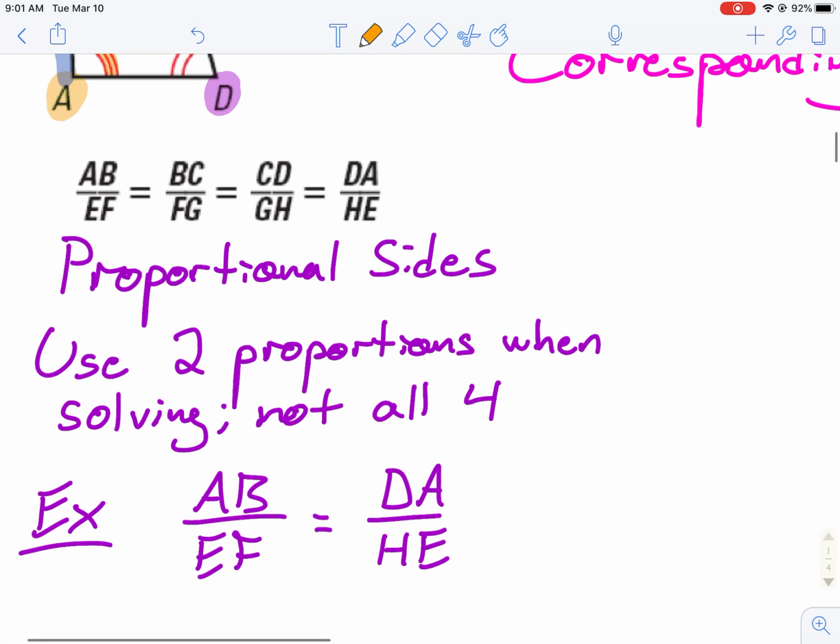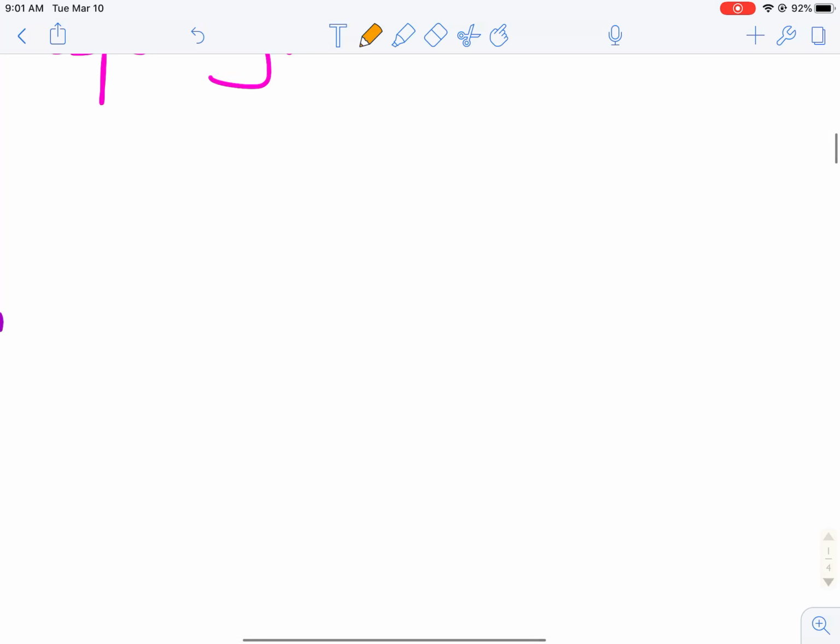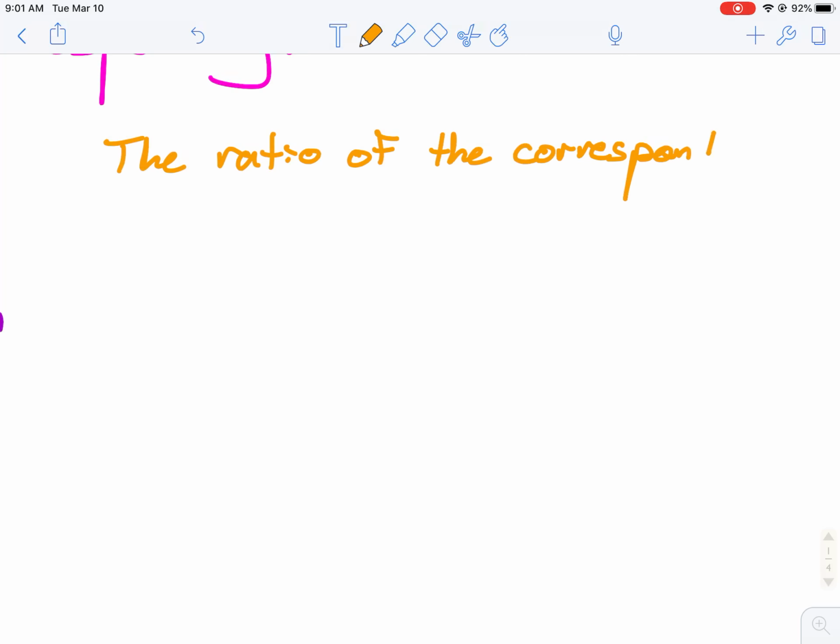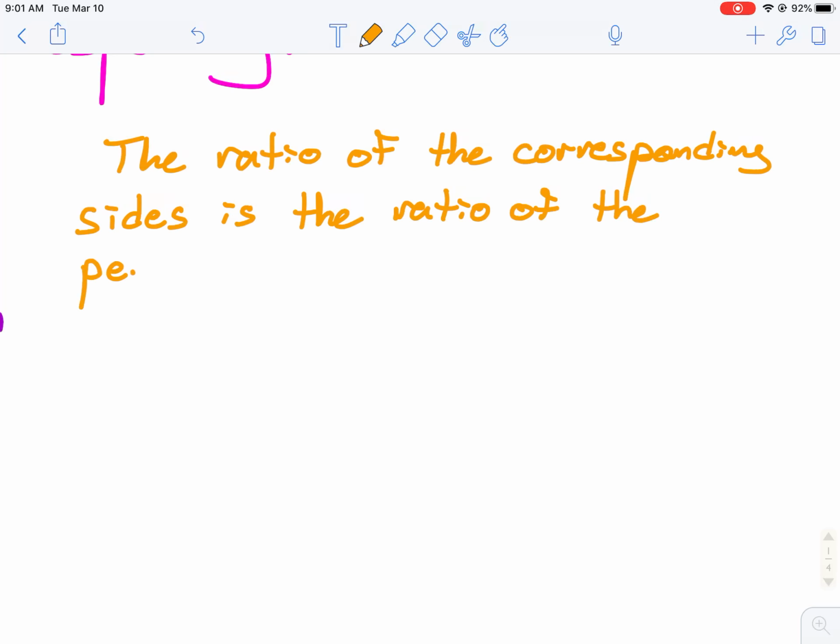Now, one final thing to note before we look at an actual practice problem here is that the ratio of the corresponding sides is also the ratio of the perimeters, and this is called the scale factor.